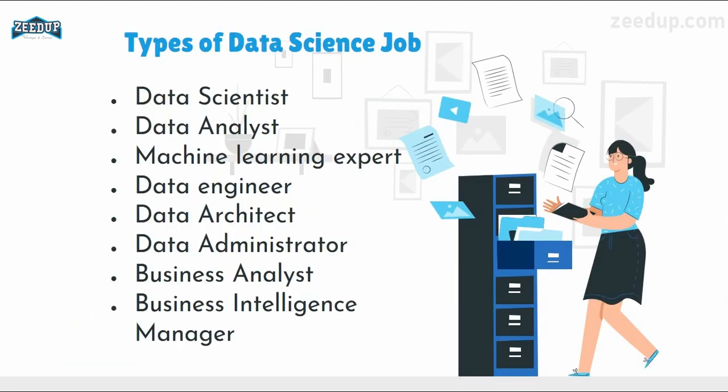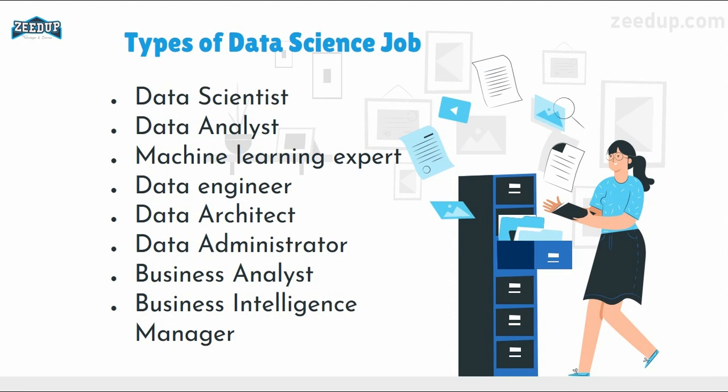Now next is the types of data science jobs. Once you have learned data science, what are the different opportunities that you would be presented with? These opportunities are data scientist, data analyst, machine learning expert, data engineer, data architect, data administrator, business analyst, or business intelligence manager.